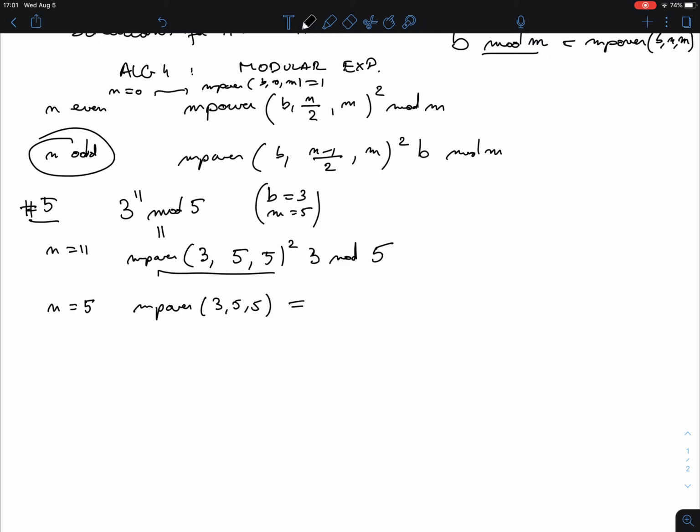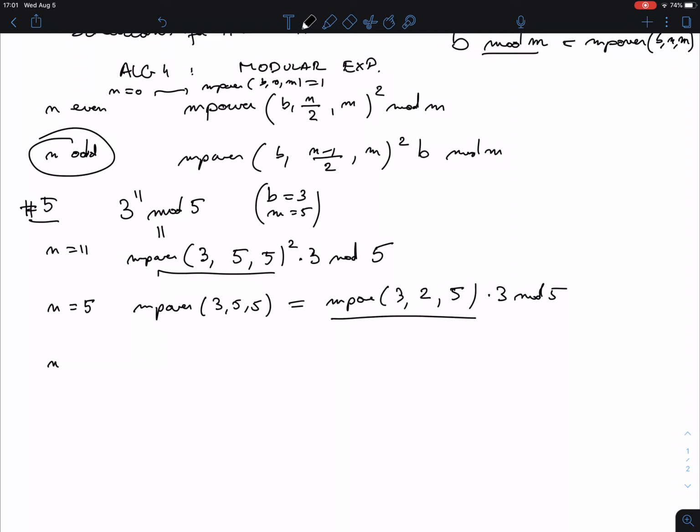We do the same thing: m power 3, 5 minus 1 is 4 divided by 2, that's 2, 5. Because it's odd, we still multiply with 3, and then we mod 5 it.